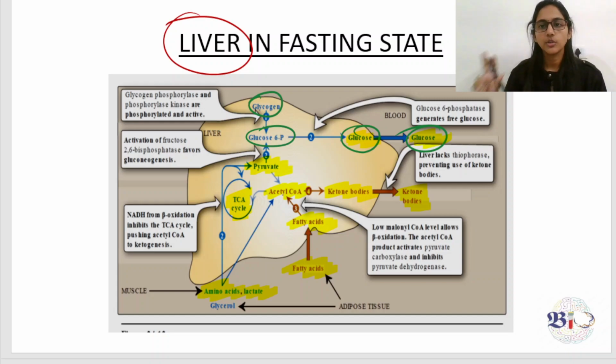But the liver cannot utilize ketone bodies, is it not? So this is about carbohydrate metabolism, lipid metabolism, and amino acid metabolism. How is it going to help in maintaining blood glucose level during the fasting state? All these happen in the liver.